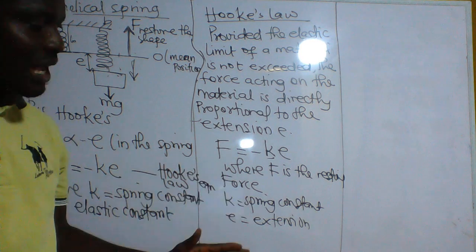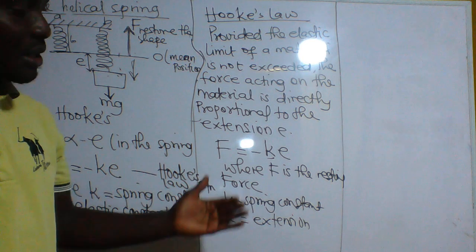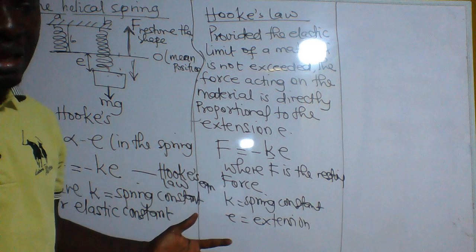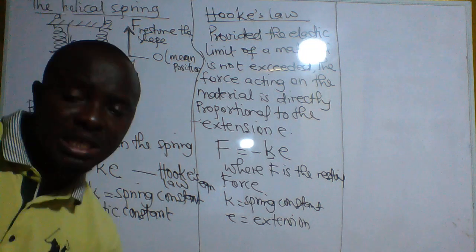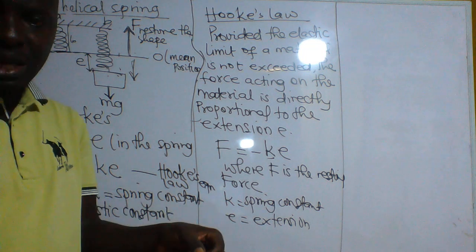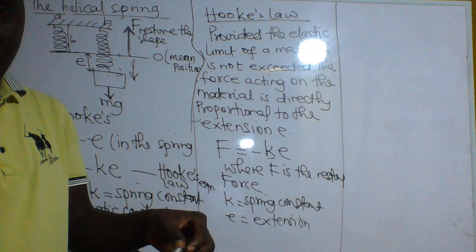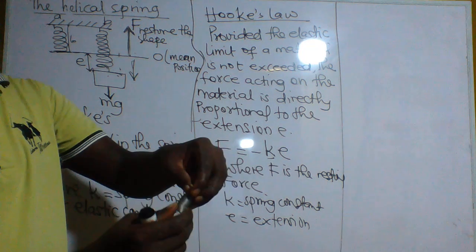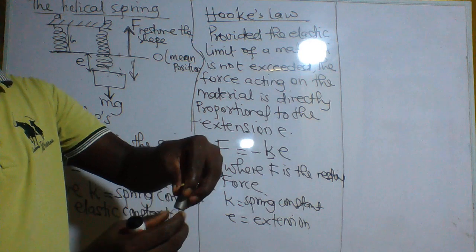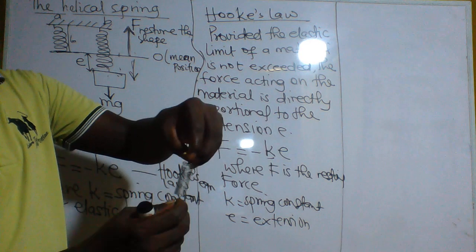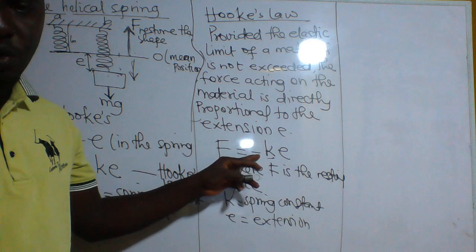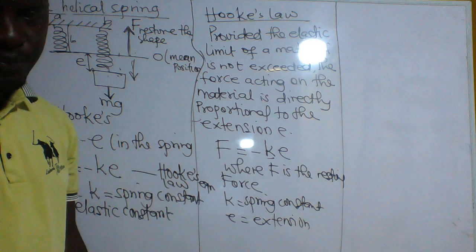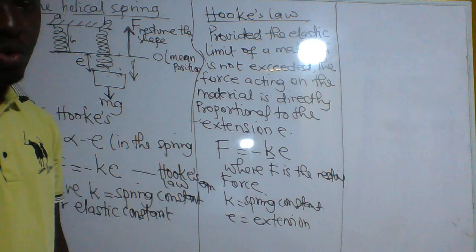The lesser the value of K, the lesser the rigidity of the spring. So we have a spring like the slinky, and these ones, because they are of different rigidity levels, have different values of the spring constant K as well. So that is Hooke's law.